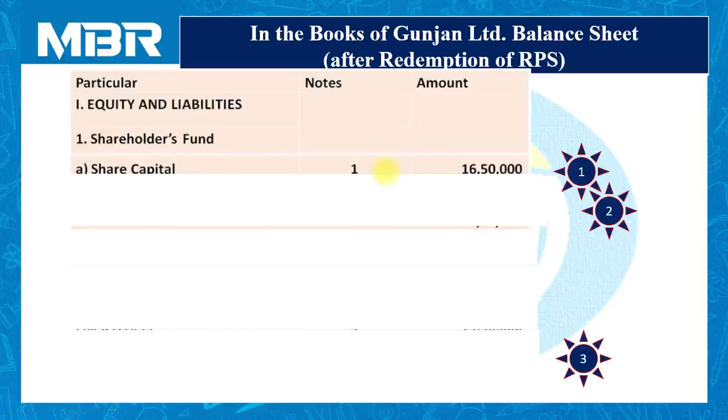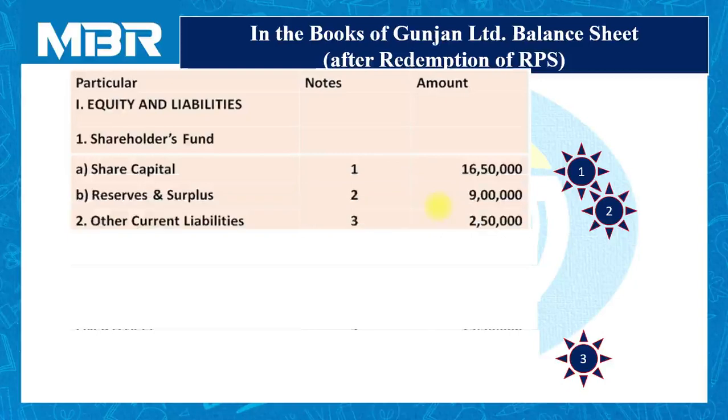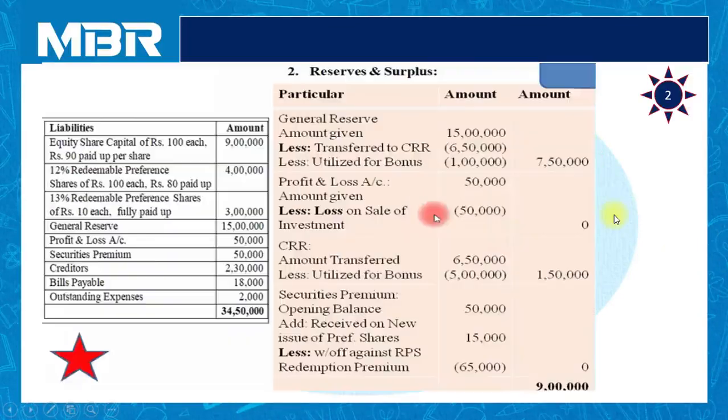If you refer to each and every transaction given to us in our calculation very properly, you can prepare our balance sheet with 100% perfection. Second item is reserves and surplus. I will explain reserves and surplus and other current liabilities at the time of calculation of number 2 and number 3. Don't worry, let us move to note number 2, reserves and surplus.